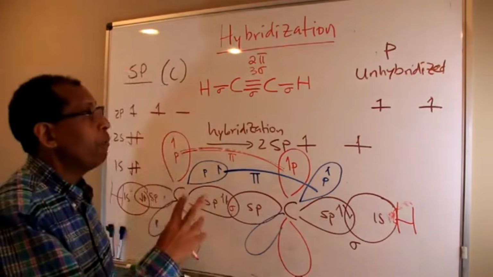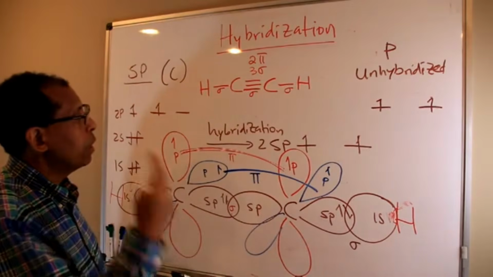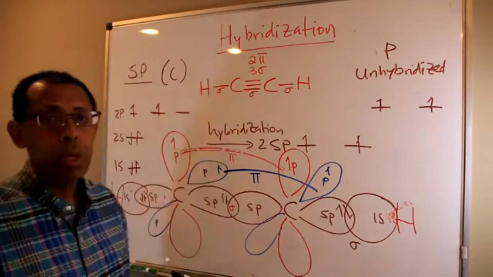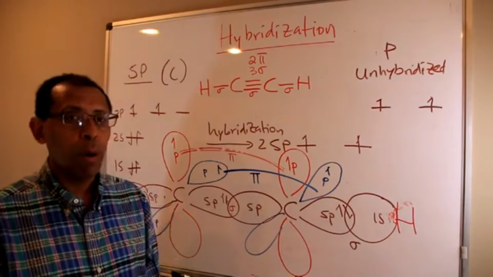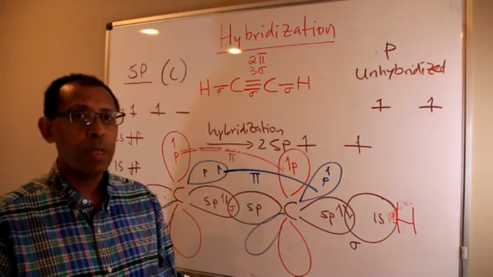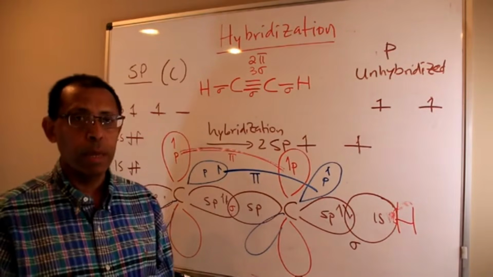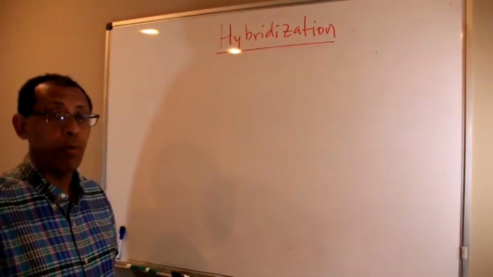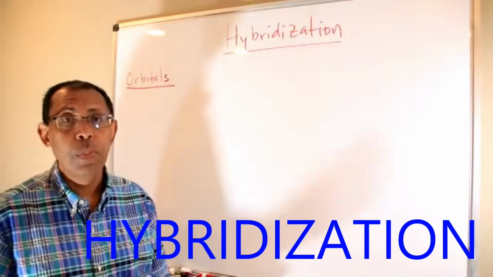Now, so far we have studied a single bond, a double bond, and a triple bond, and they are made through hybrid orbitals. Next, we will see properties of some of the triple bonds, double bonds, and also single bonds in terms of bond length and bond angle. So examples of those molecules we have seen so far in terms of hybridization.